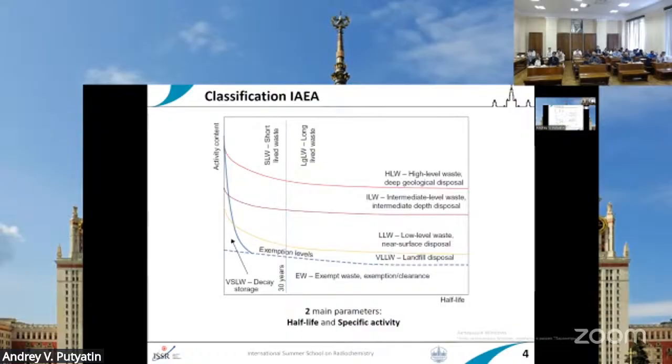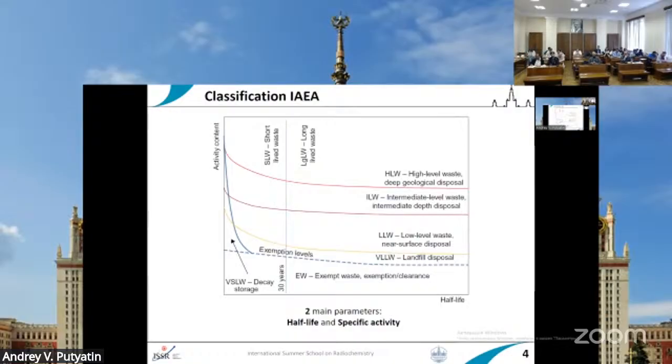There is also another border for very short-lived radionuclides. Again, in Russia, it is 60 days, for example. In other countries, maybe some different numbers, but here it is a 60-day half-life for the radionuclide. And then the specific activity of the radioactive waste. The lower the specific activity, the less dangerous the materials.